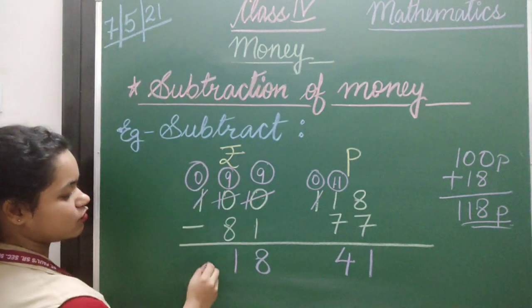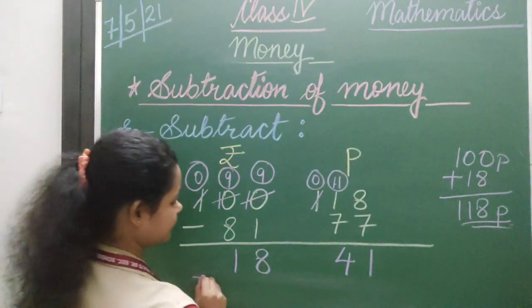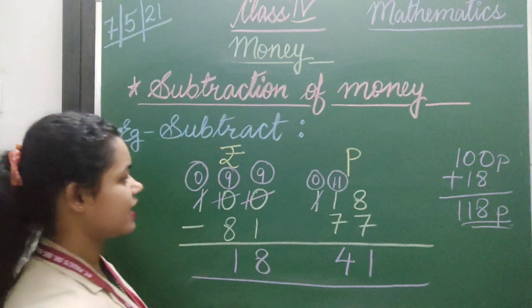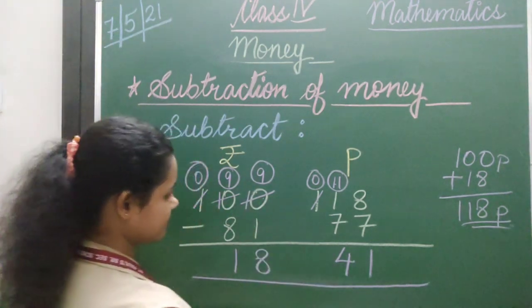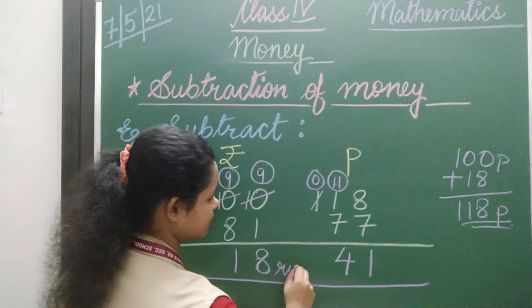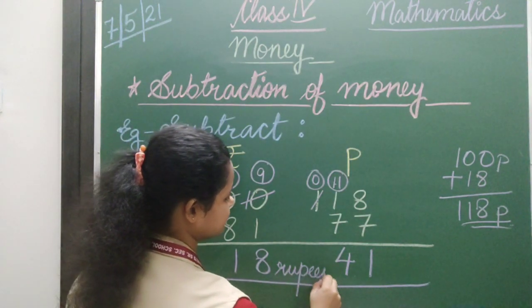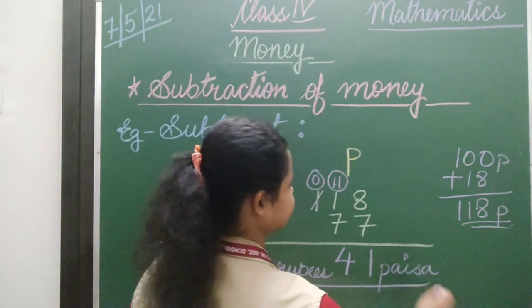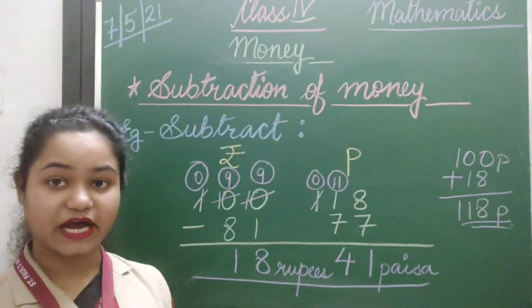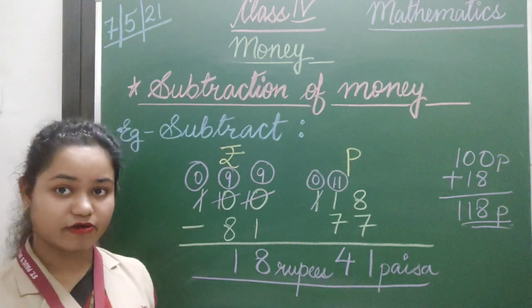And 0, no need to write. Okay. So this is your answer: 18 rupees and 41 paisa. 18 rupees 41 paisa is your final answer. Understood how we did it? Alright, copy down.